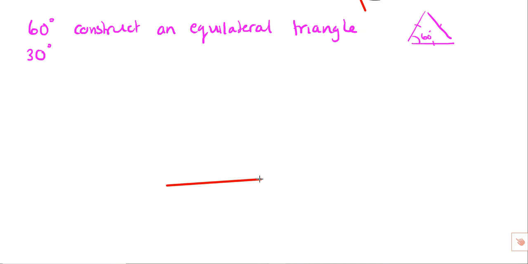If you've done your line a bit longer than that, what you then need to do is open up your compass and mark a point on that line that you can reach on your compass. But if you've done your line short enough, you can open your compass up so that the point is at one end and the pencil is exactly the length of the line. So now that compass will give me all points that are the same length as that line.